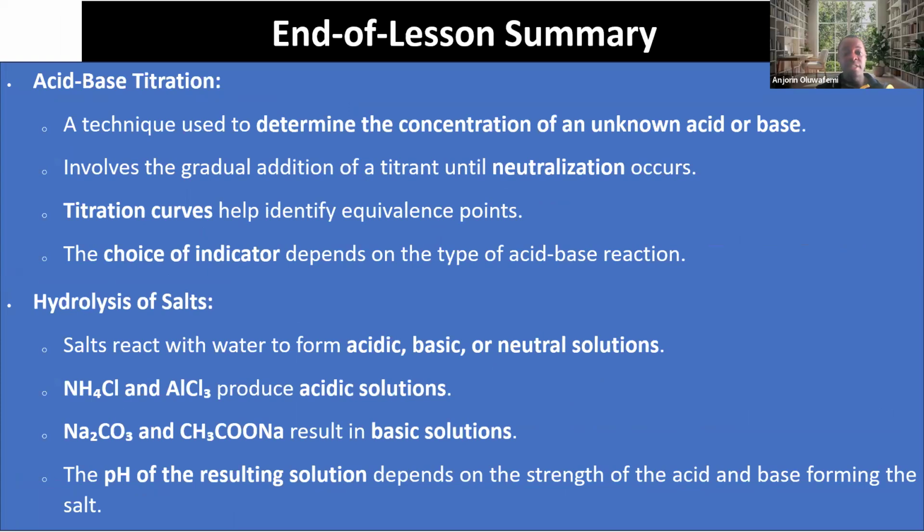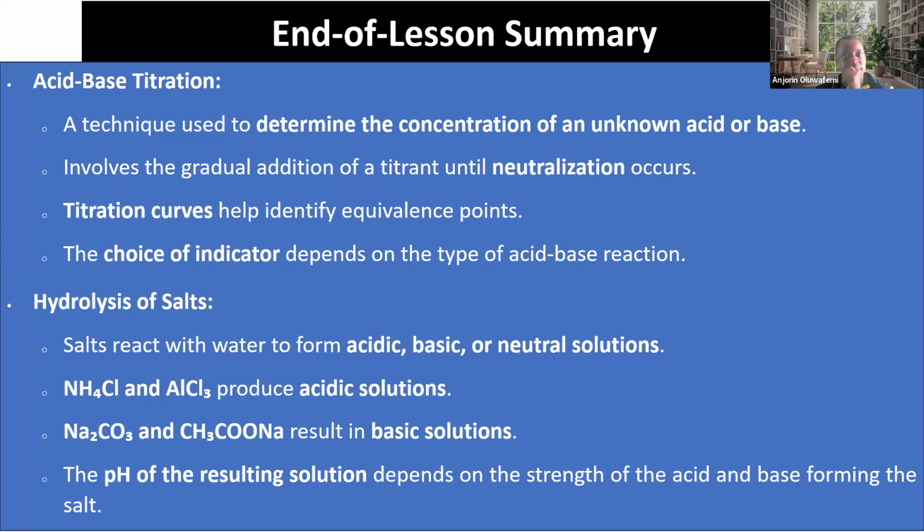We looked at the titration curve and the choice of indicators and so on and so forth. We also looked at hydrolysis of salt, and we used that to describe salt or differentiate salt into acidic, basic, or neutral salt. So when they hydrolyze, they give either the corresponding acid, base, or a neutral substance as the case may be.